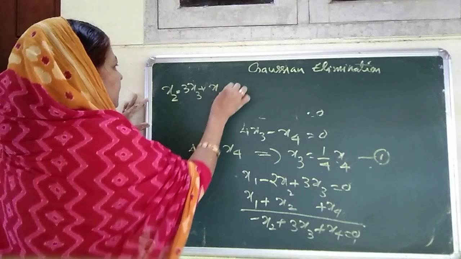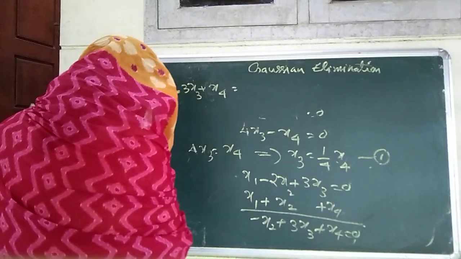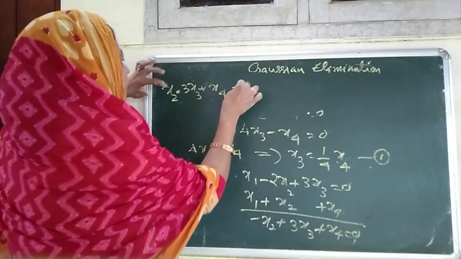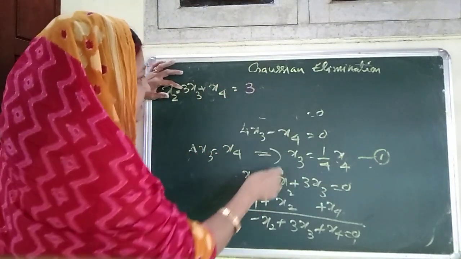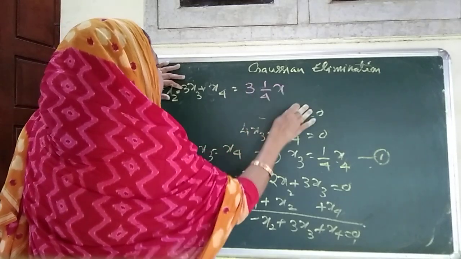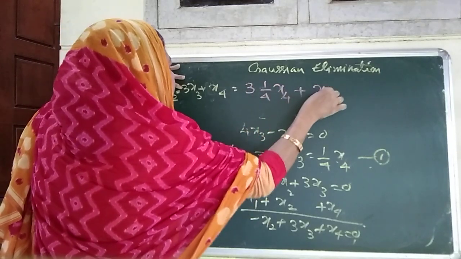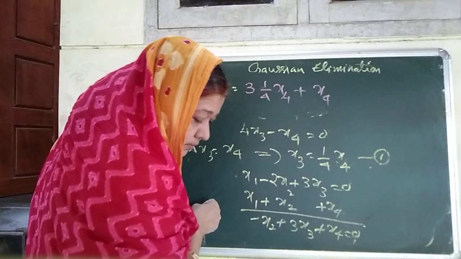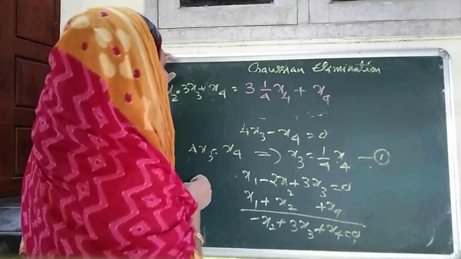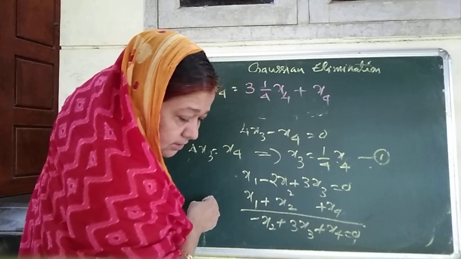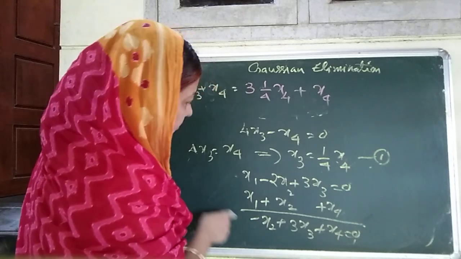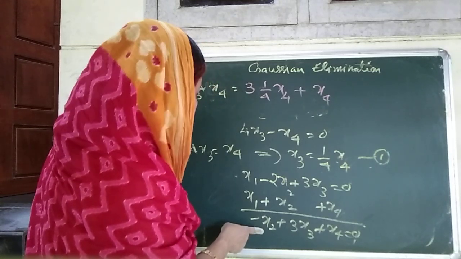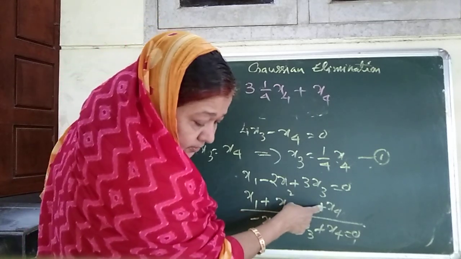Continuing, we have x1 plus x2 plus x4 equal to 0.